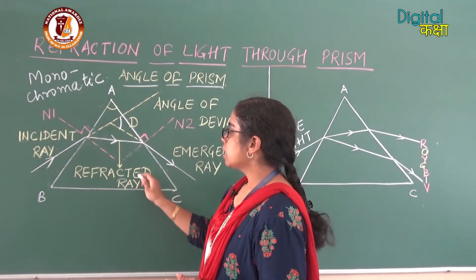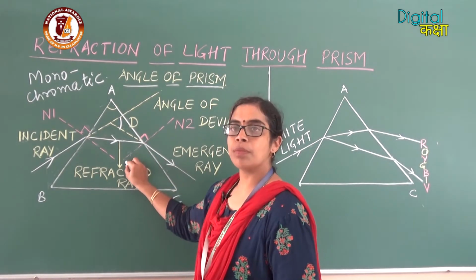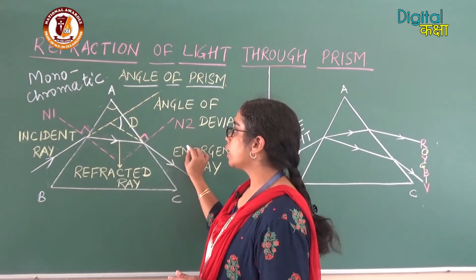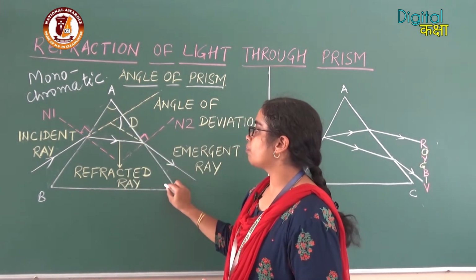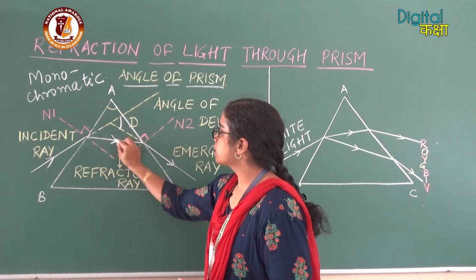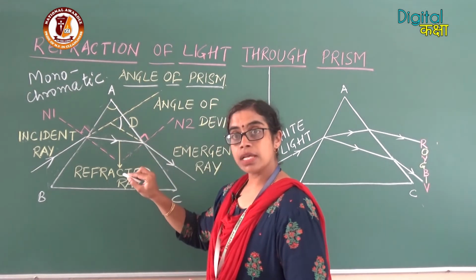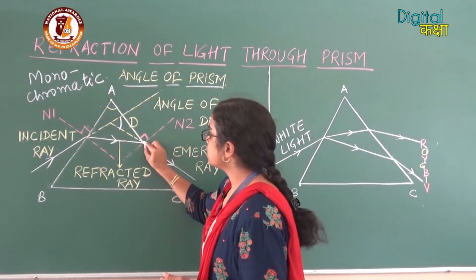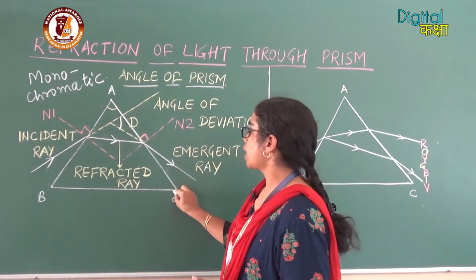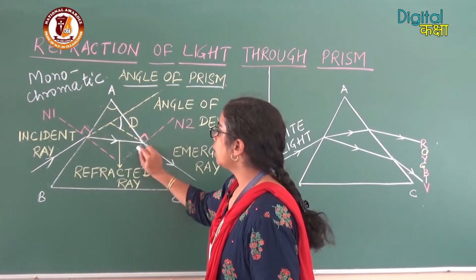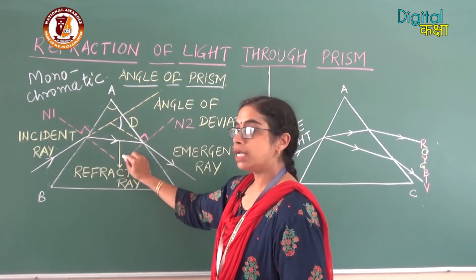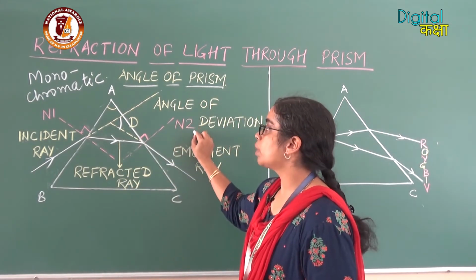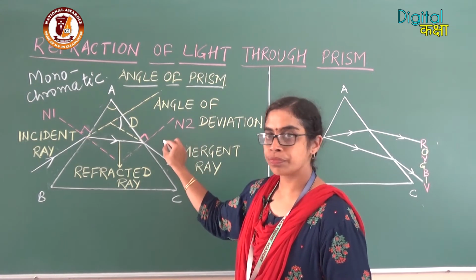In this case, the ray will travel from the denser to the rarer medium. On this refracting surface AC, where the refracted ray acting as an incident ray touches the side AC, we drop a normal and name it N2.